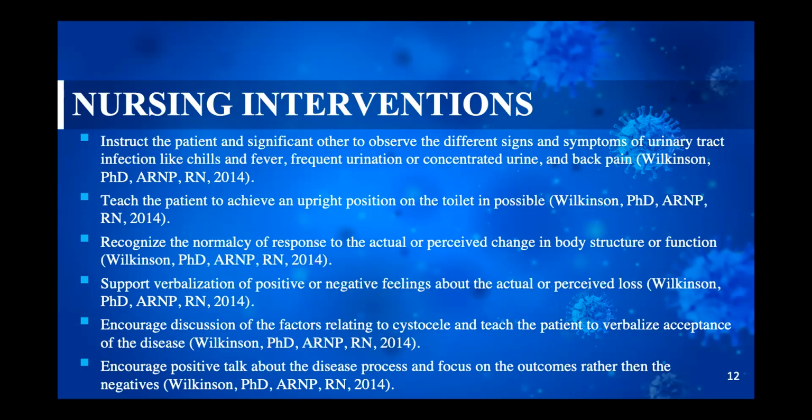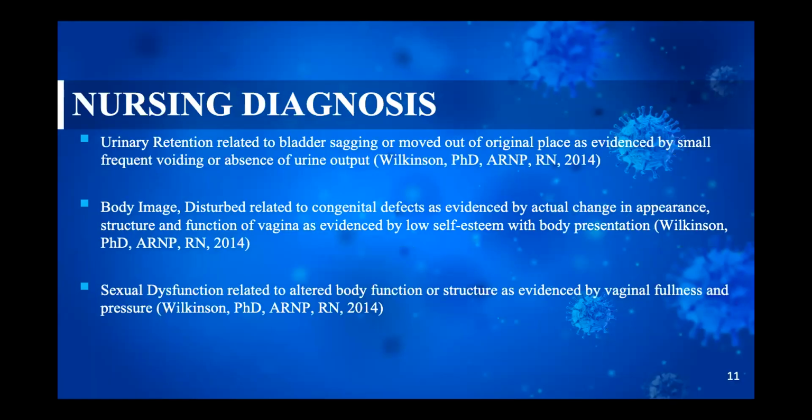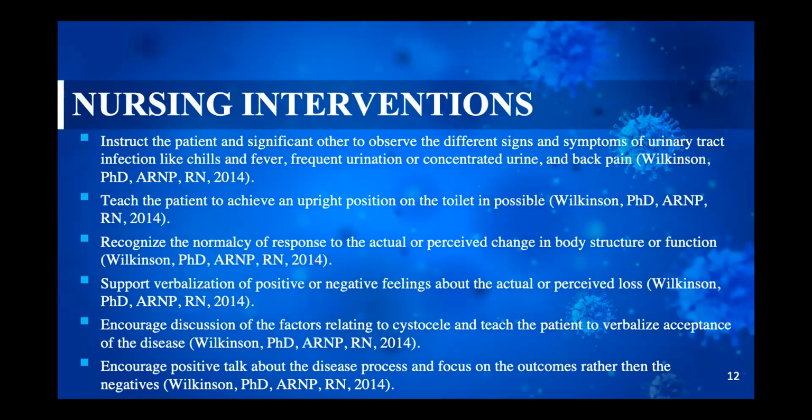For the sexual dysfunction, I chose encouraged discussion of the factors related to cystocele, and teaching the patient to verbalize acceptance of the disease, encourage positive talk about the disease process, and focus on the outcomes rather than focusing on all the negatives.